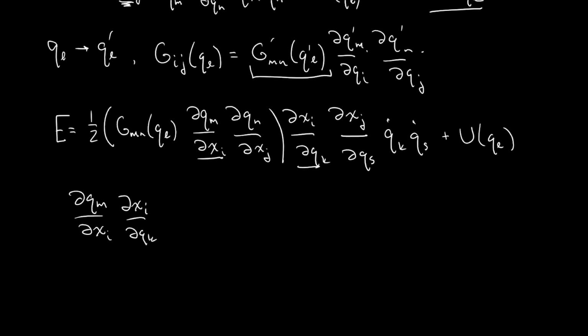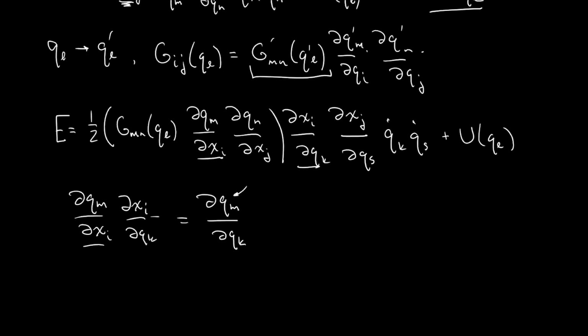I know that when I have something like this showing up, it looks like the chain rule. And in fact, I can rewrite this just this way. And you can see that if q_m is in fact a function of x, I can rewrite what's on the right-hand side in terms of what's on the left-hand side.